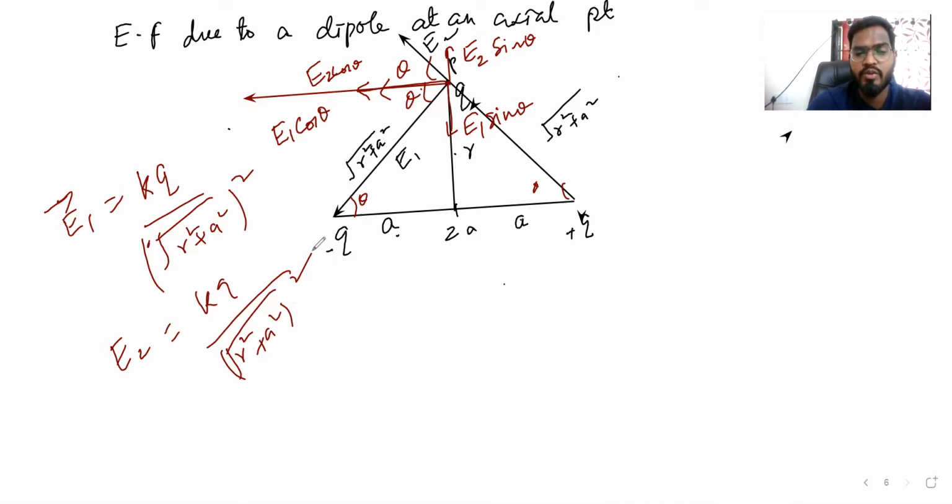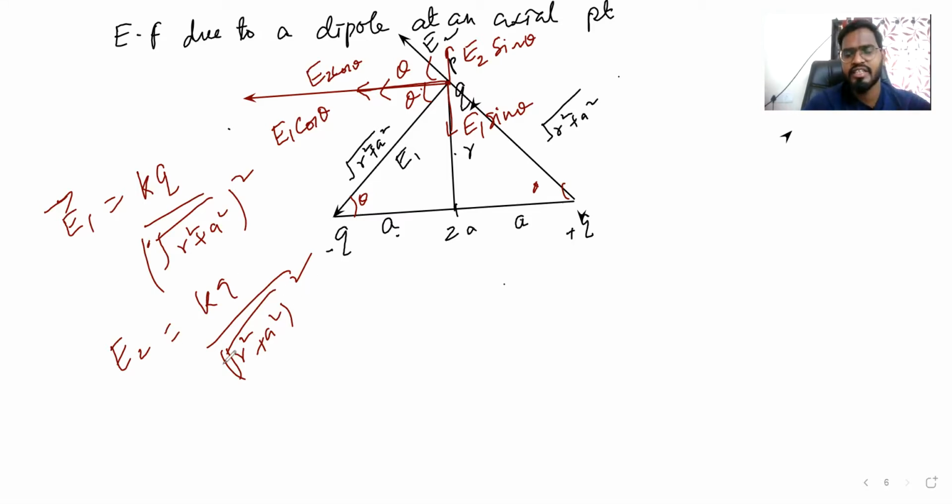Okay, now you want to find the net electric field. Before finding E net, we came to a conclusion that E1 and E2 are the same.